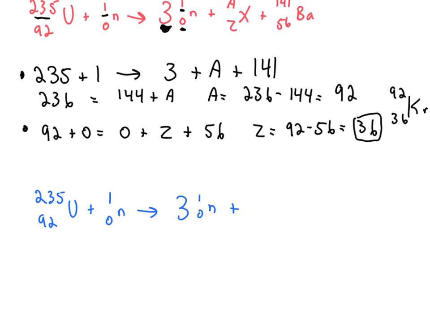And our A, our unknown here, which was going to be the krypton 92, 36. And the other one, which we already knew, which was barium 141. And there we are. So that's how you're going to handle, guys, all of your fission questions. It is simple math, guys, but you do need to be organized in how you set it up.